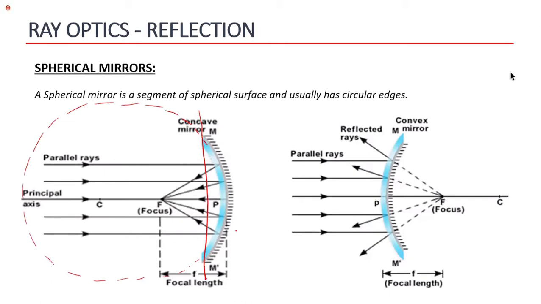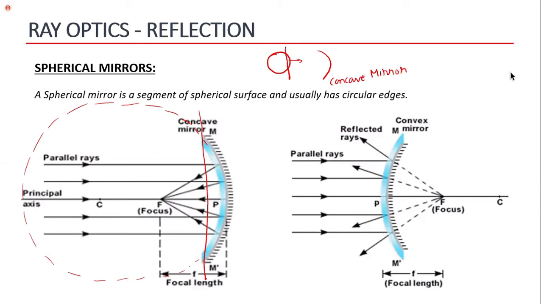So you take a circle and cut a part of it. If inside you have your reflecting surface, then that is called a concave mirror.